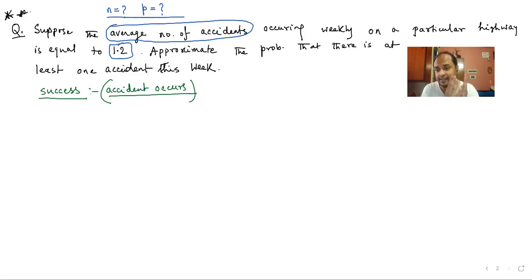So if an accident occurs, and we consider this to be the success, it means that we want to put a signboard to inform people to be careful.